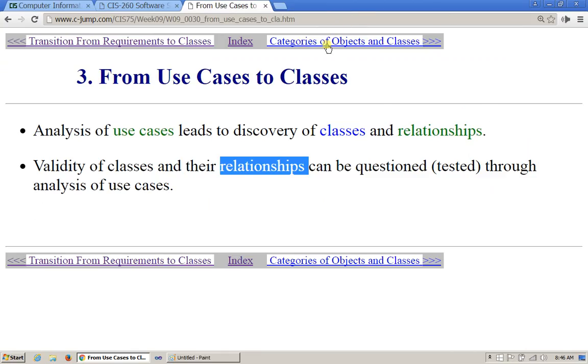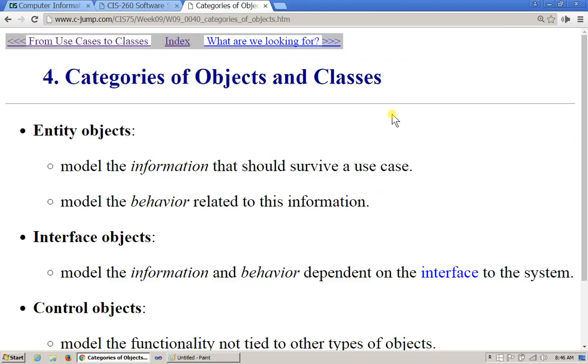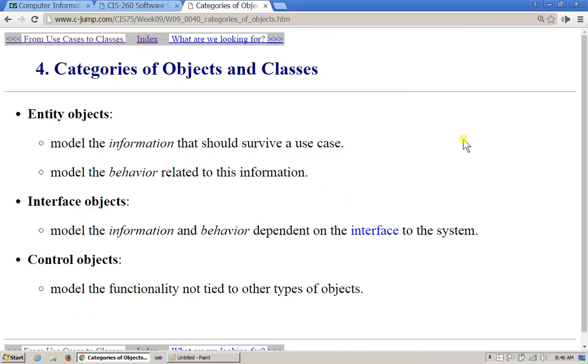Okay, so categories of objects and classes. We begin to think about what we would like to model and use in our system. Generally speaking, you can categorize even the classes that you would like to create.